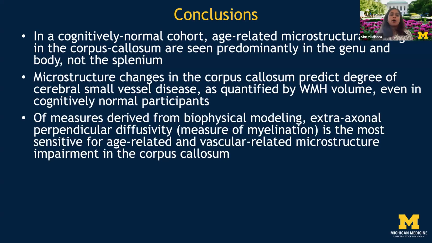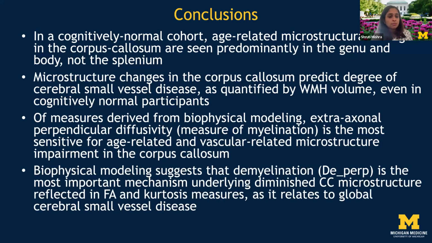Of the measures that were derived from biophysical modeling, the extraaxonal perpendicular diffusivity, in other words, this measure of the integrity of the myelin sheath or measure of demyelination, may be the most sensitive for age and vascular-related microstructure impairment in the corpus callosum.